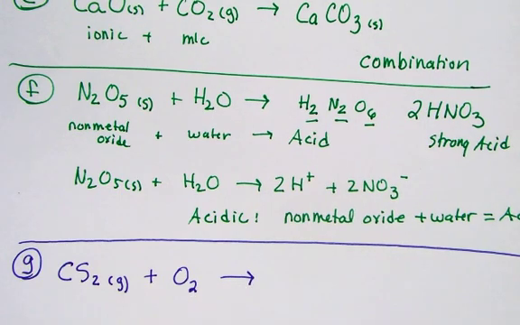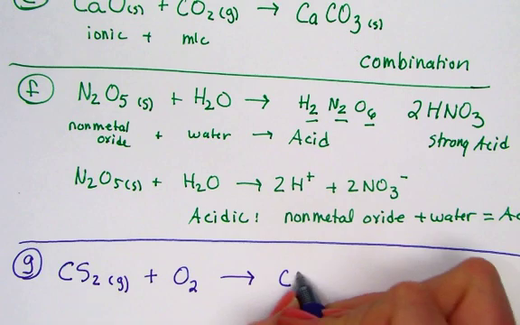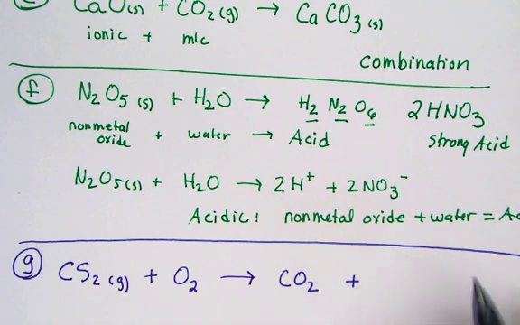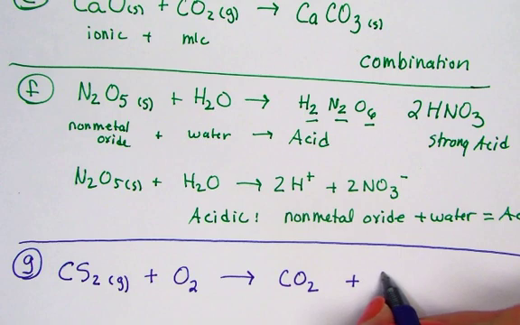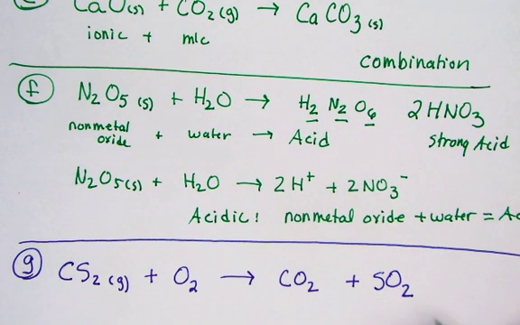Thinking about the pattern of combustion as well as a redox. A combustion pattern, although this is not a hydrocarbon, will produce carbon dioxide and, instead of water vapor, if this were a hydrocarbon it would produce water, it's going to produce the sulfur oxide compound, SO2.